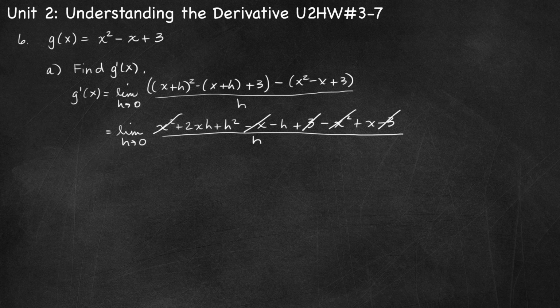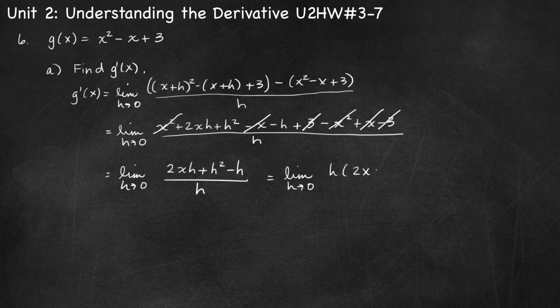We have negative x plus x. So now this is the limit as h approaches 0, 2xh plus h squared minus h over h. And we can factor an h from the numerator, leaving us with 2x plus h minus 1 over h.